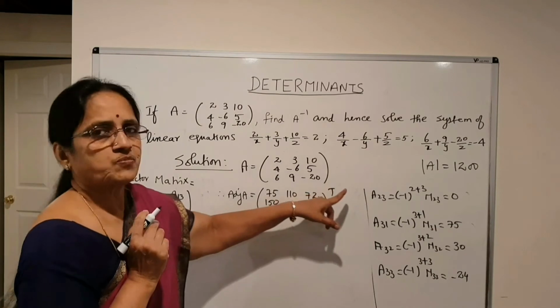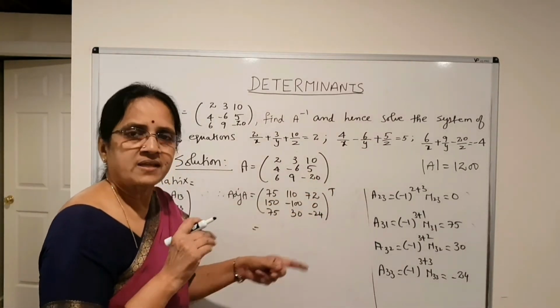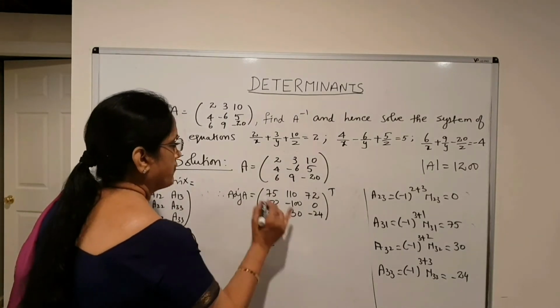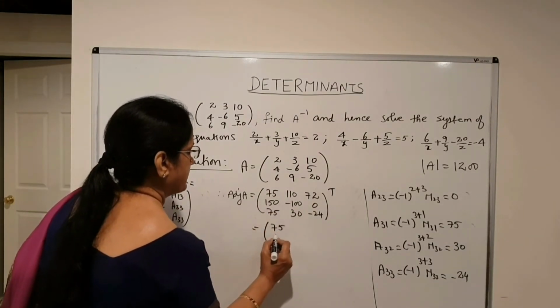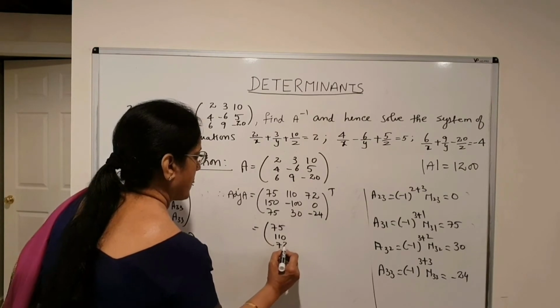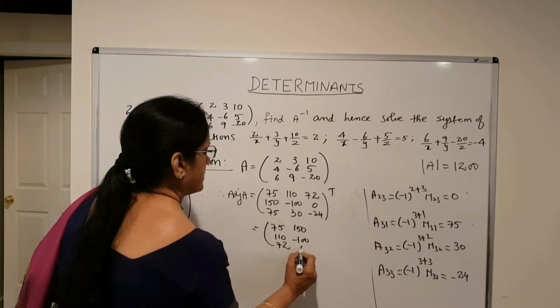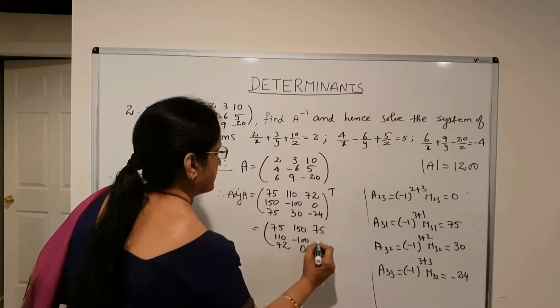You know that transpose of a matrix is obtained by interchanging the rows and the columns. So, the first row will become the first column. Second row will become the second column. Third row will become the third column.